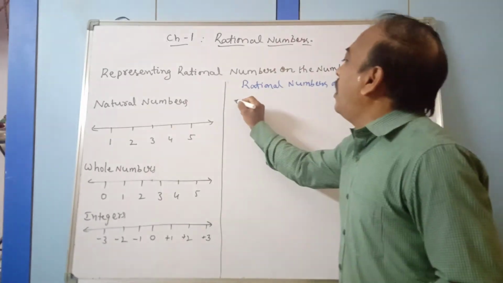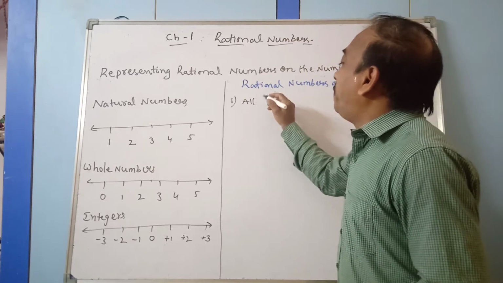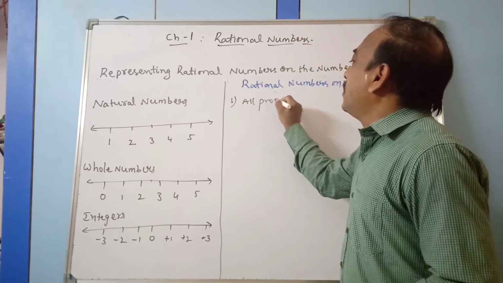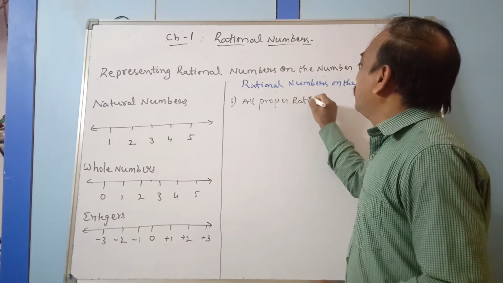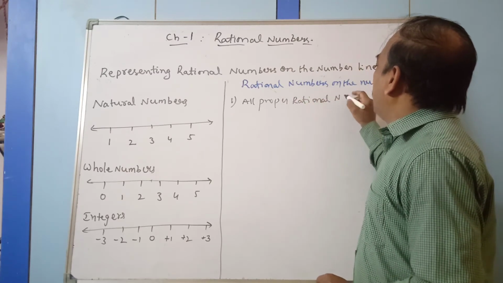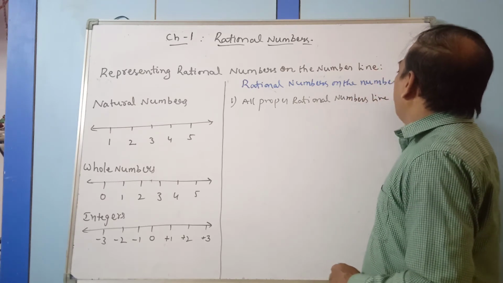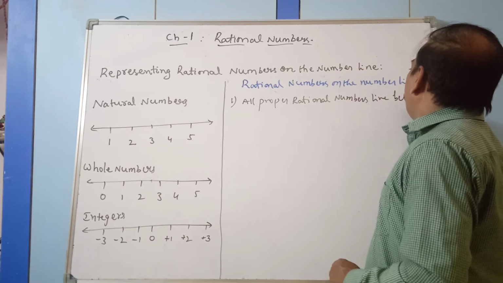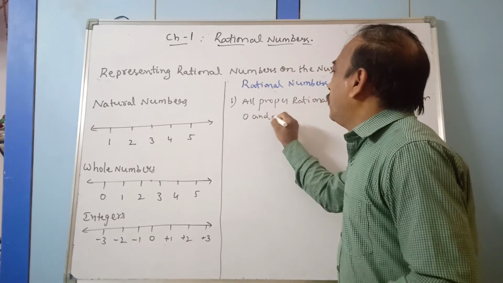All proper rational numbers lie between 0 and 1.